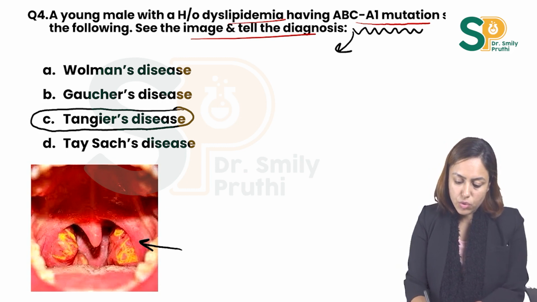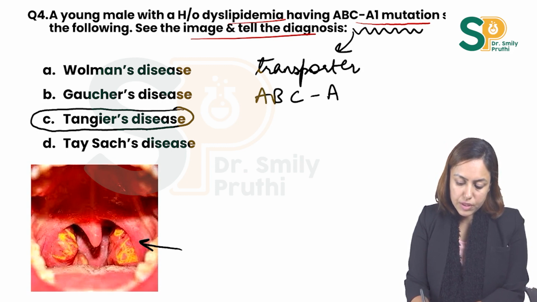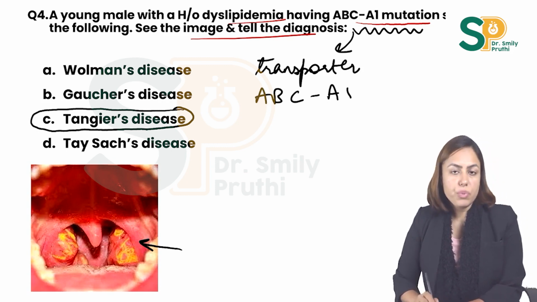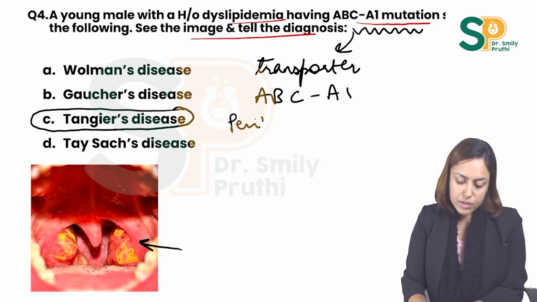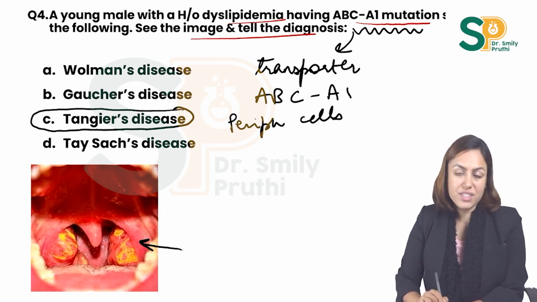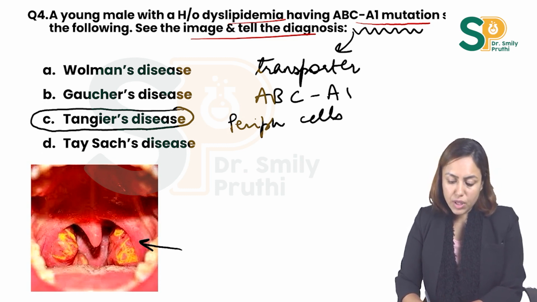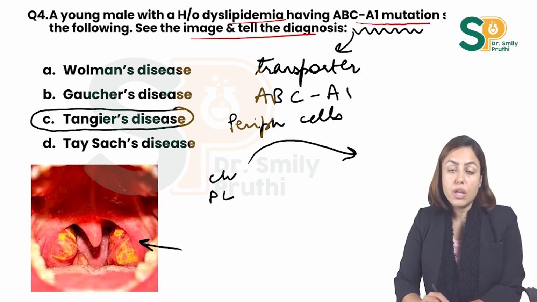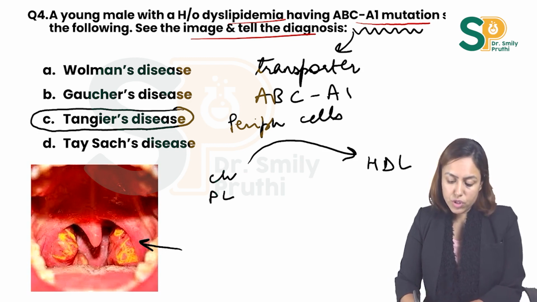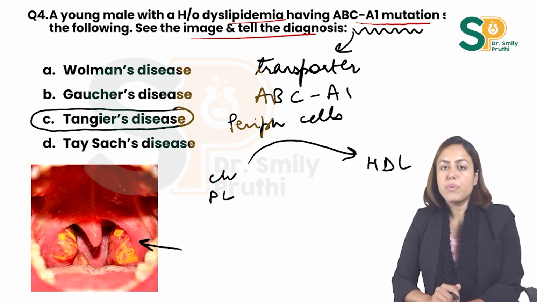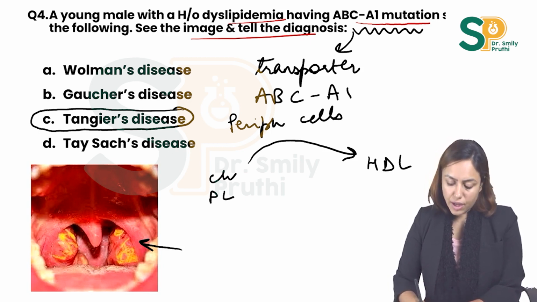This gene codes a transporter or channel, that is ABCA1, which is present on peripheral cells, and it helps in the exit of cholesterol and phospholipids from the cell to the HDL. Okay, this will be even more clear on the next slide diagram.